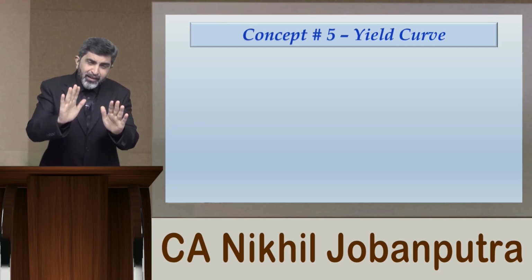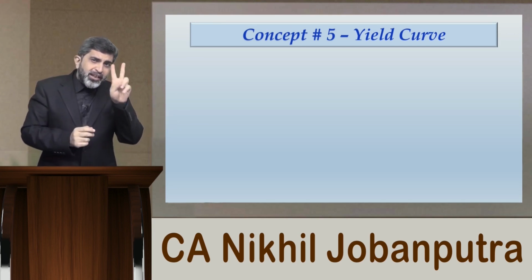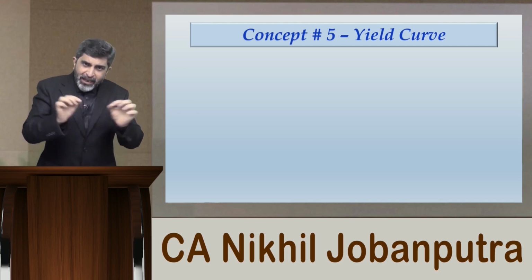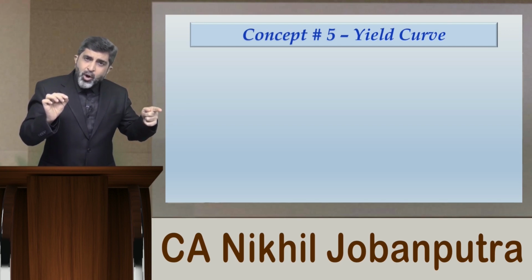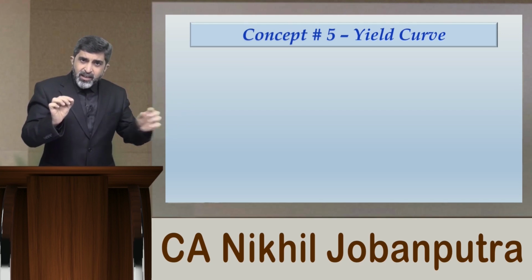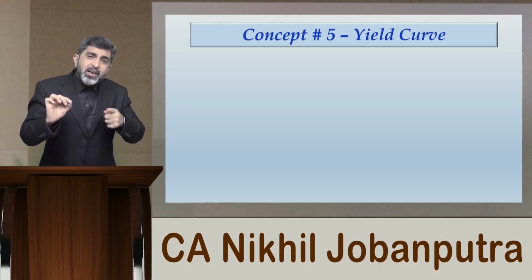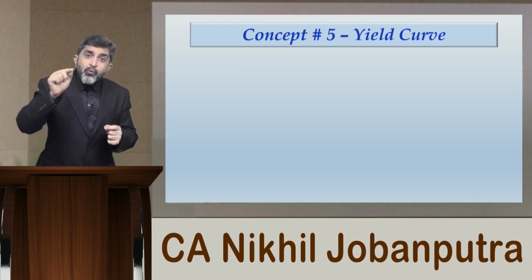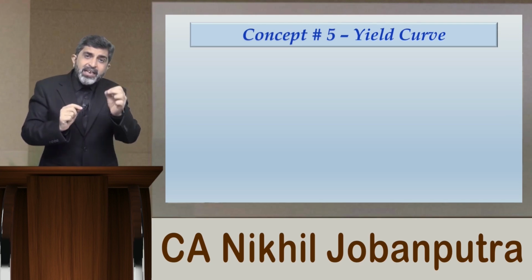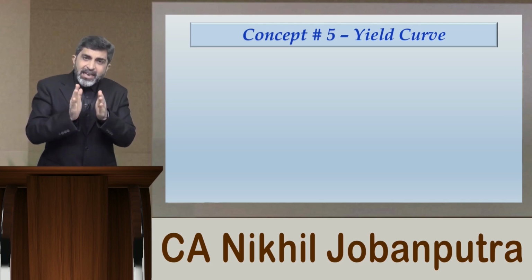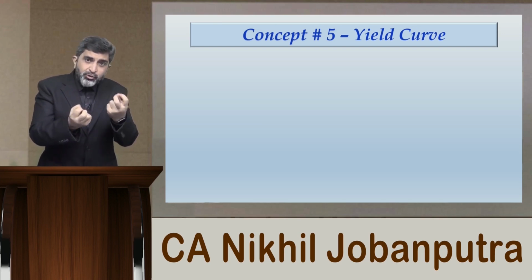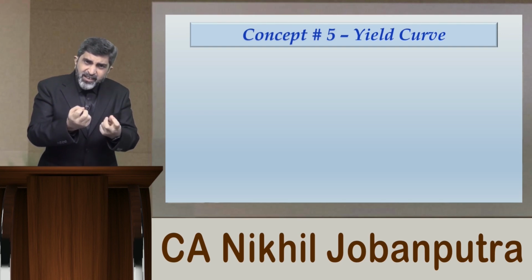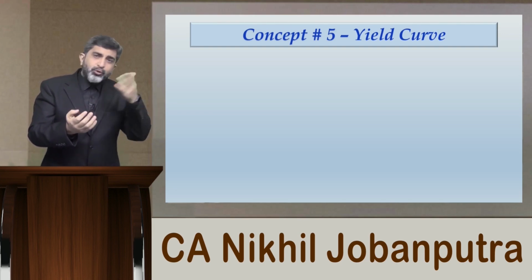So if I graphically plot these two relationships, on the x axis I plot the remaining term for the bond maturity, 1 year, 2 year, 3 year, 4 year, 5 years, like that, the x axis indicates the remaining term to maturity. The y axis on the other side will indicate the yield rate. So the yield rate of a 1 year maturity bond will be a little lower, a 2 years maturity bond will be a little higher, a 3 years maturity bond will be still higher, and so on.